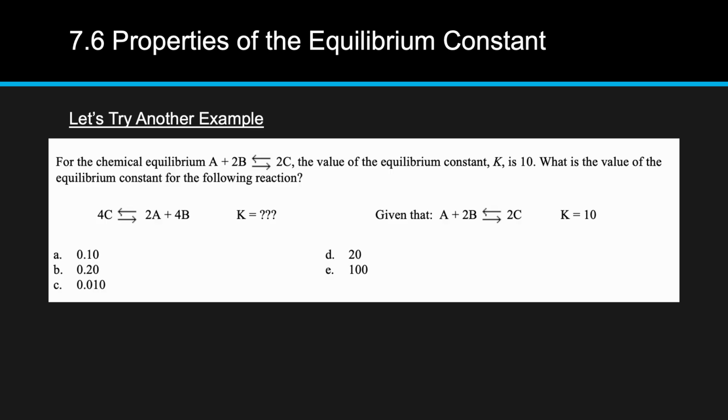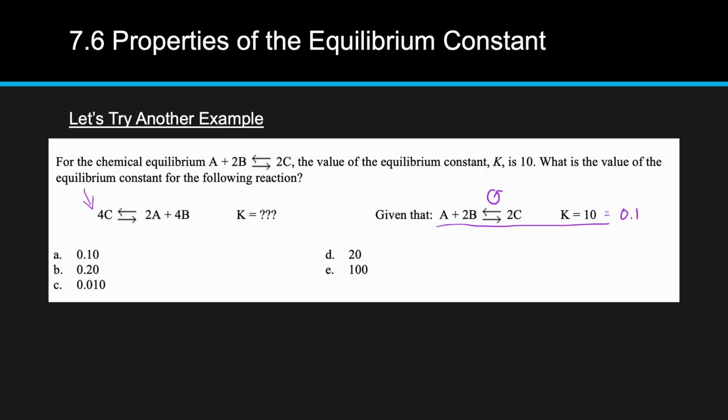All right, and then one more example. Here I have my same example that we were working on before, but I have a two-step process to get my final reaction. So first we can see our reactants are on the wrong side and our products are on the wrong side. So I do need to flip around this equation and reverse it, which means I'm going to take the inverse of K. So the inverse of K is going to be 1 over 10, which is equal to 0.1.